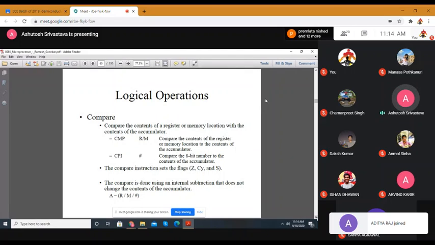The compare instruction sets the flags: zero, carry, and sign.